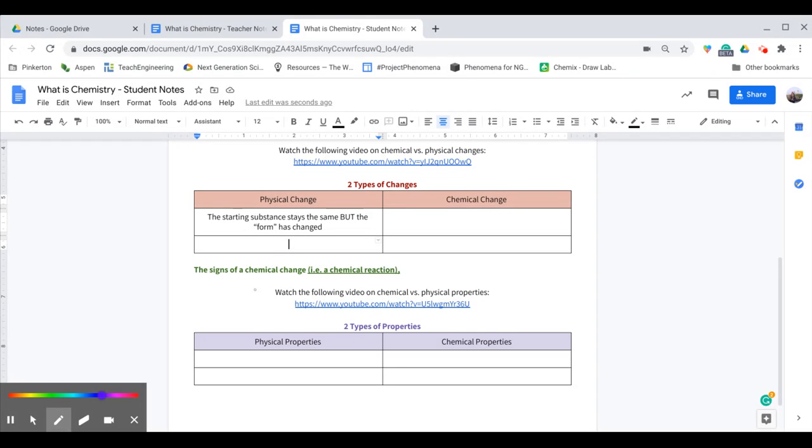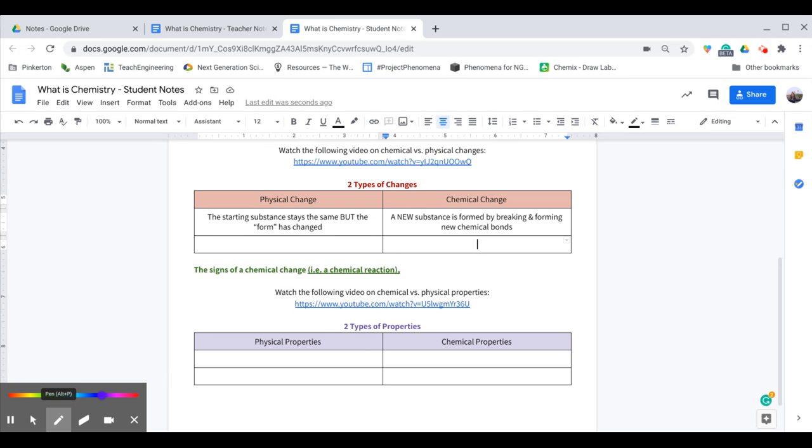So a chemical change is when your starting substances become a new substance. So they undergo a chemical change by breaking and forming bonds.